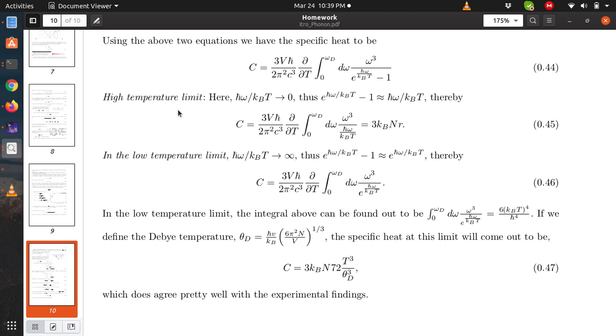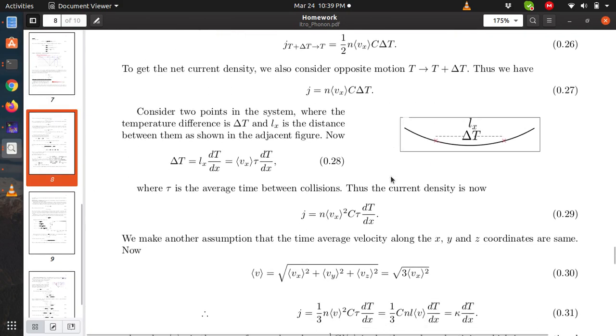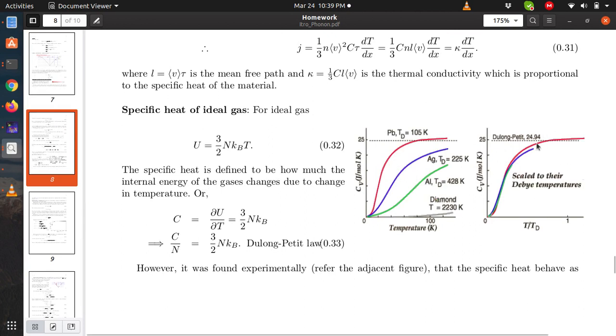As the experiment says, if you look into page number 8, in the high T region you are going to see the 3kB, which is the Dulong-Petit law, whereas in the low temperature region it is going to behave like Cv proportional to T cube.